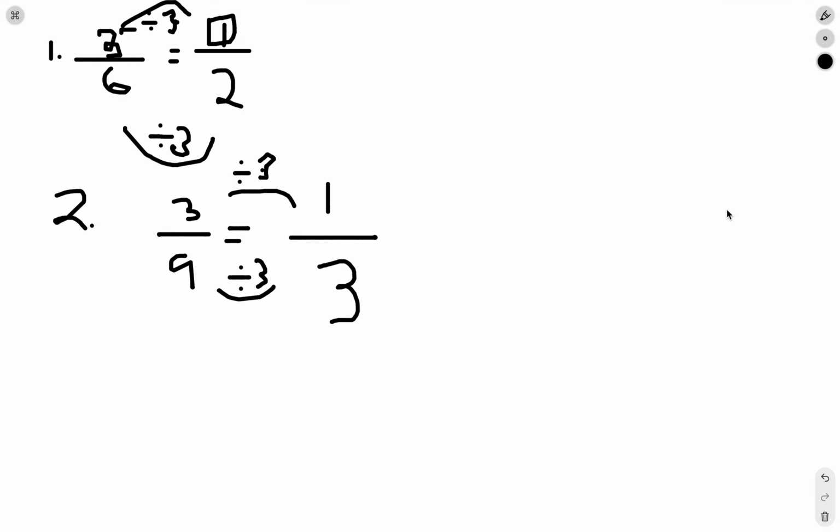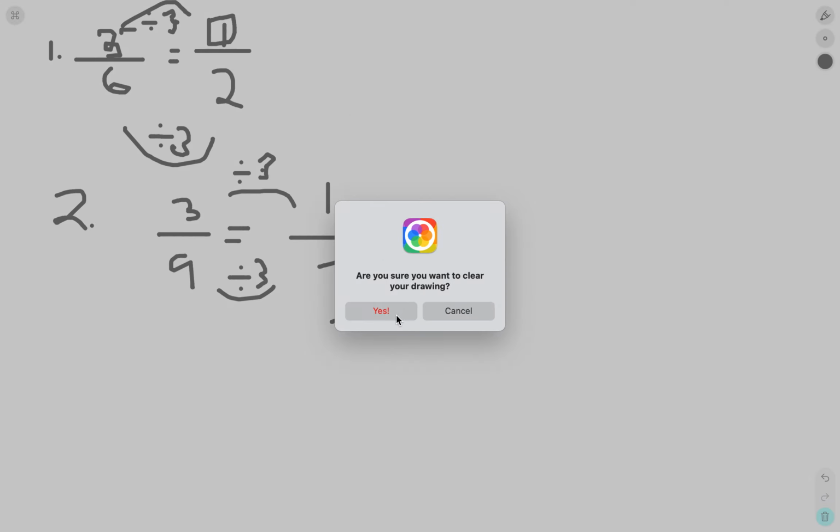Okay. So basically, I'm going to be skipping each one page because you can do that page by yourself, because it's just the same thing. Okay, so I'm gonna rub this drawing out, and I'm gonna read you the next question.